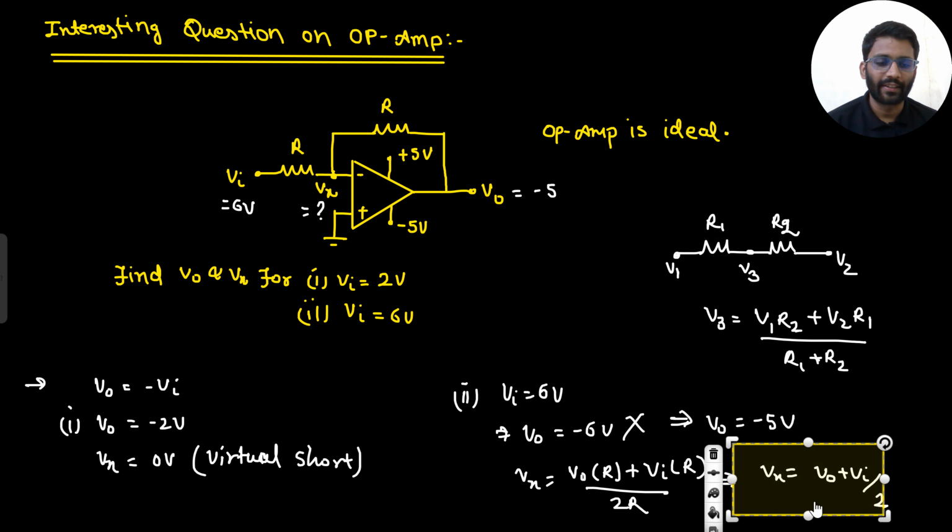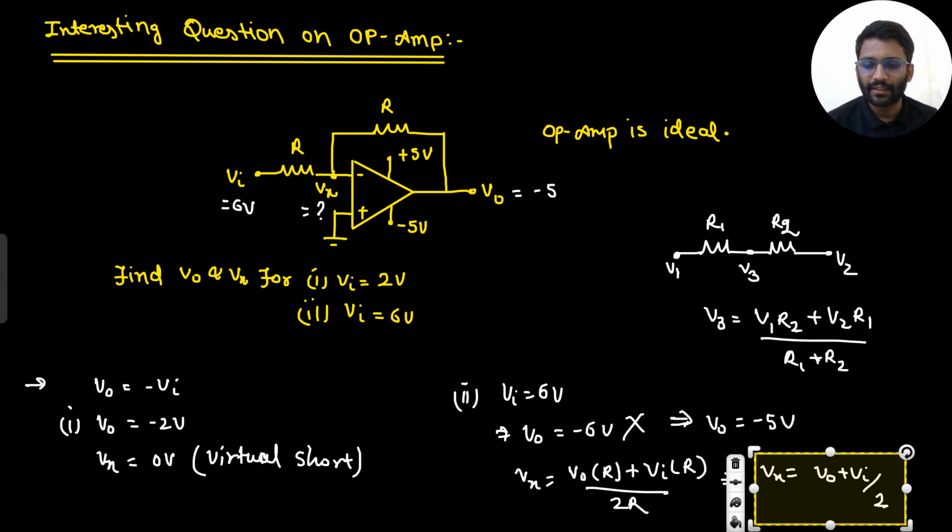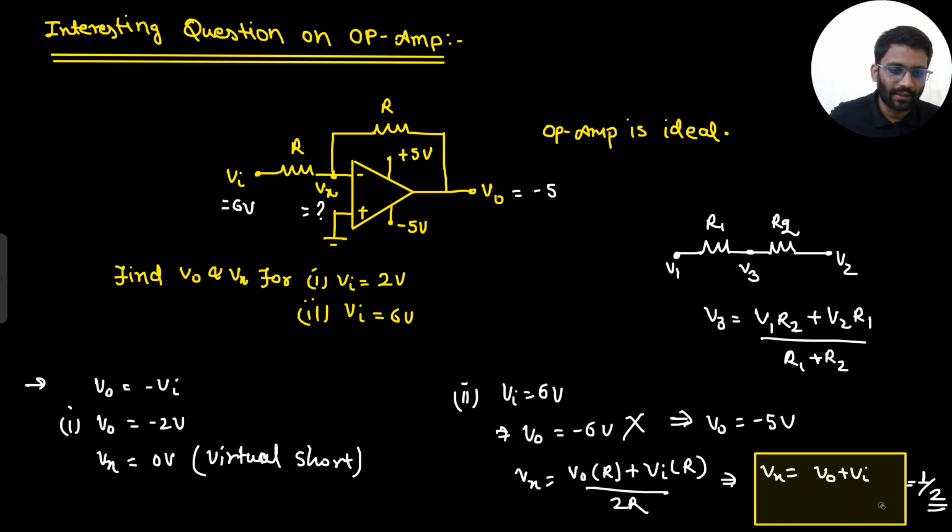From here you can get the value of Vx. V0 is minus 5 and Vin is 6, so (minus 5 plus 6) by 2. So you get to know that the Vx value is 1 by 2. Very easy. That means 1 by 2, so this is your Vx value.